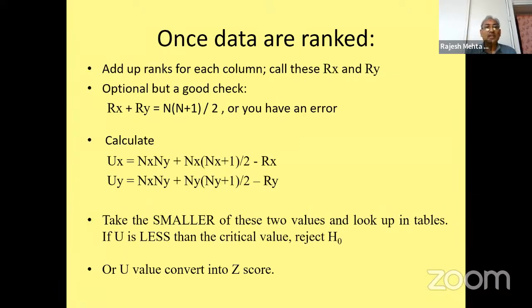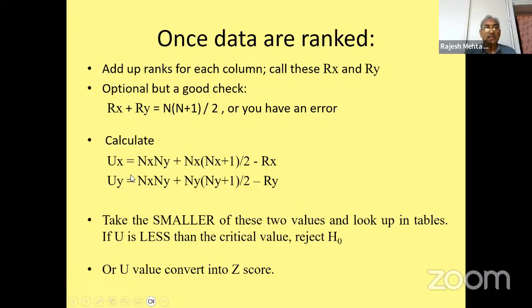Optional but a good check is Rx plus Ry, making a total of each column, and it should equal total number of sample size multiplied by total number of sample size plus 1, divided by 2. Now, if you look at this, it will be the same provided you have given the correct ranks.